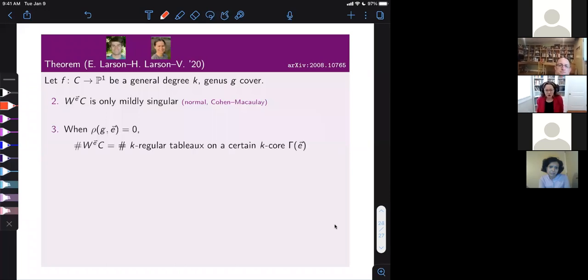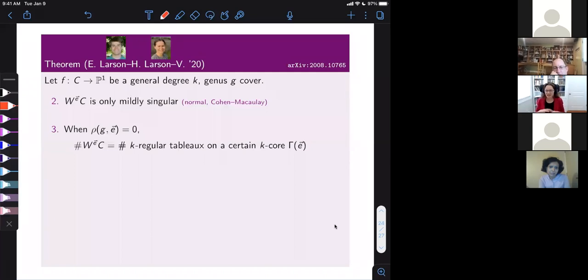And now onto global results. So when the dimension is 0, we have an understanding of the number of points, this enumeration problem. It again has a lot of combinatorial structure. So it can be phrased as the number of k-regular tableaux, which are certain fillings that satisfy a regularity property, on a more interesting Young diagram called a k-core.